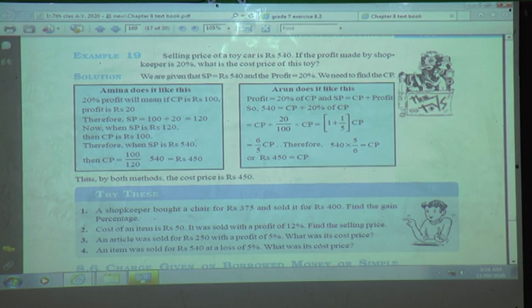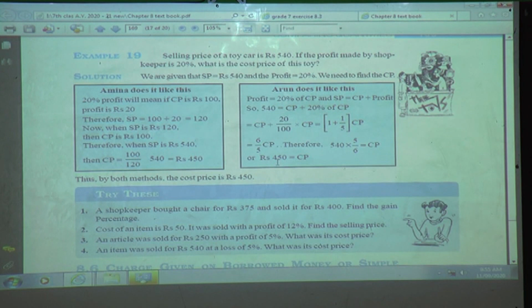Because this is an equation we are solving, when 6 upon 5 moves from LHS to RHS, it becomes the reciprocal, so we write 540 multiplied by 5 upon 6, and after reduction we get 450. That is the CP, the cost price.